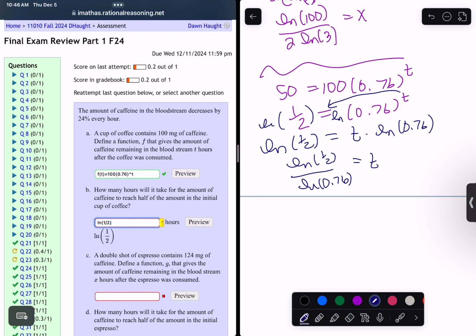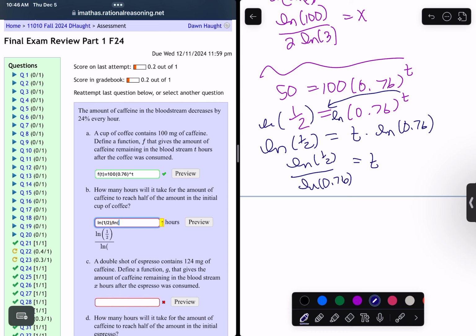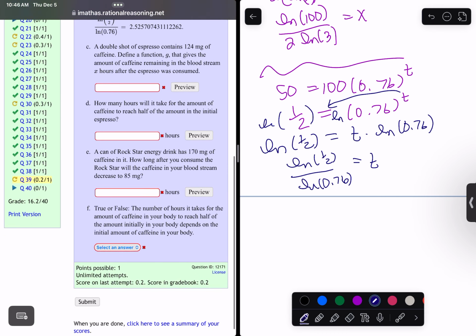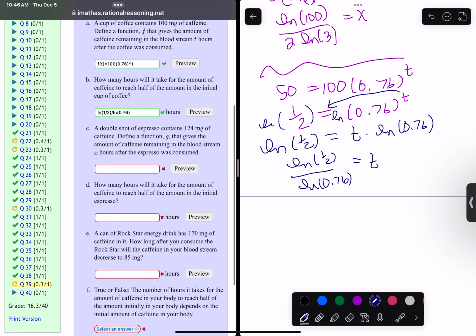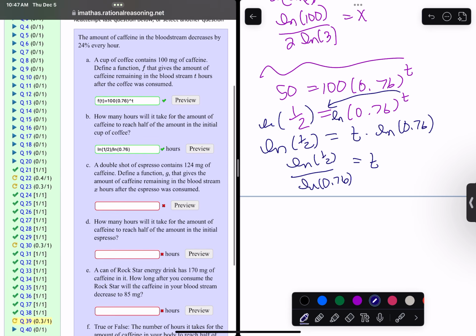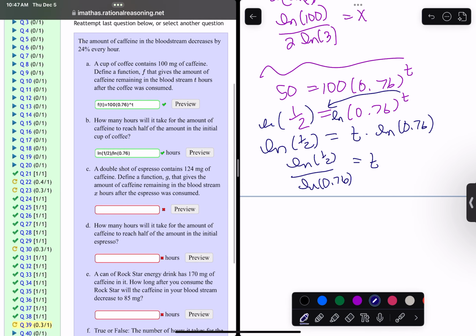So let's just put that in. Looks good. They accepted it. It's a number. Yay. Okay. Those are the same. So then the rest you can finish. It's exactly kind of the same procedure.